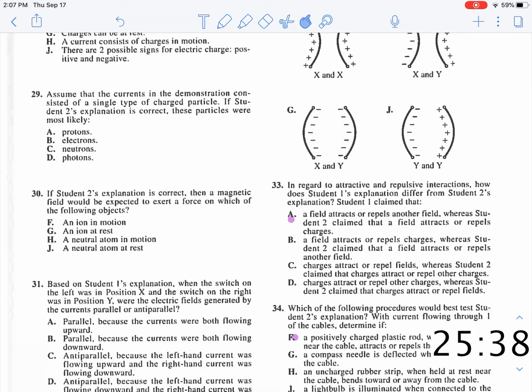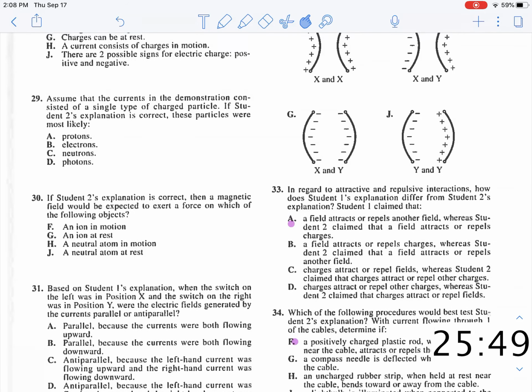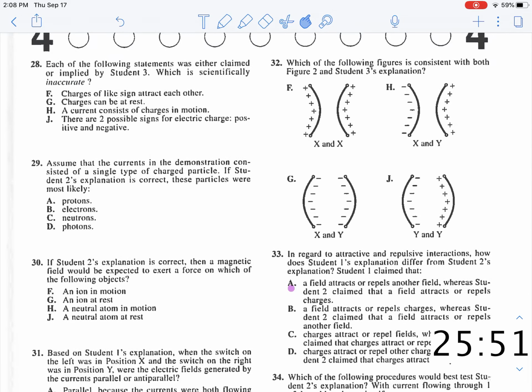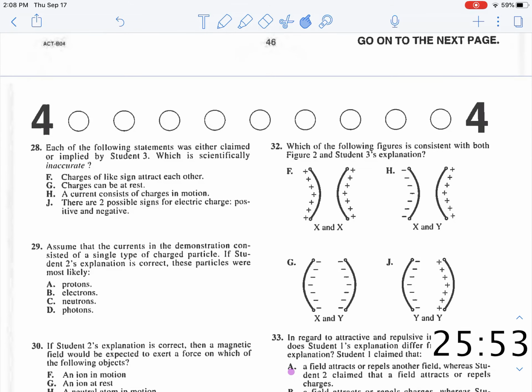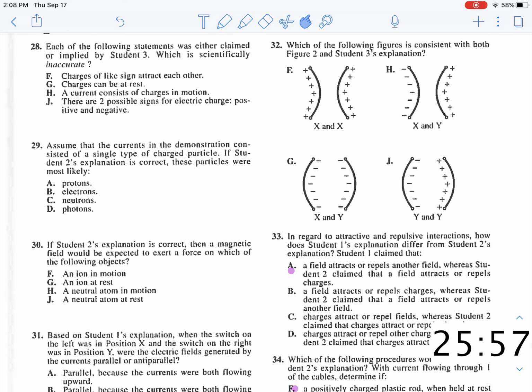Then a magnetic field would be expected to exert force on which object? An ion in motion, for sure. It's the only one I'm sort of sure of, but sure. Okay. Each of the following statements was either 29.